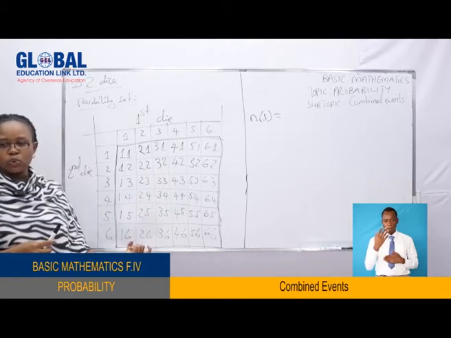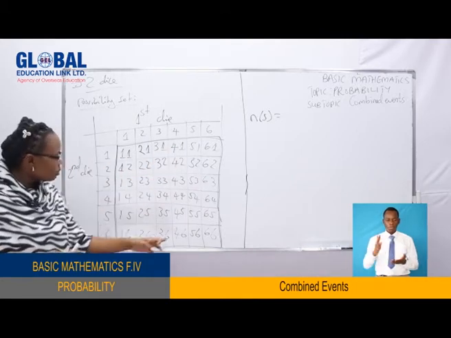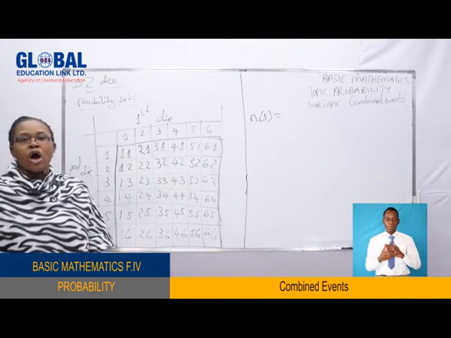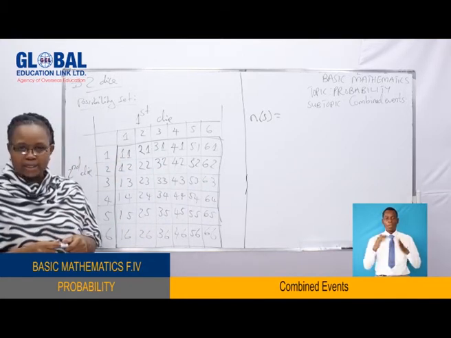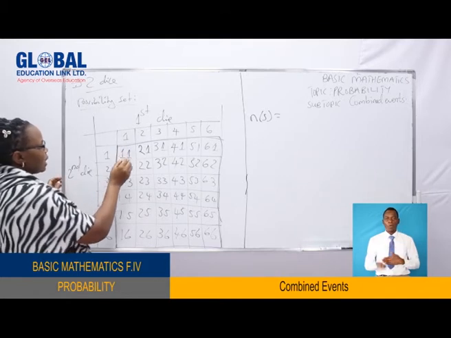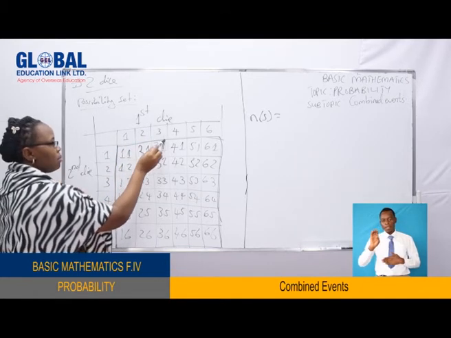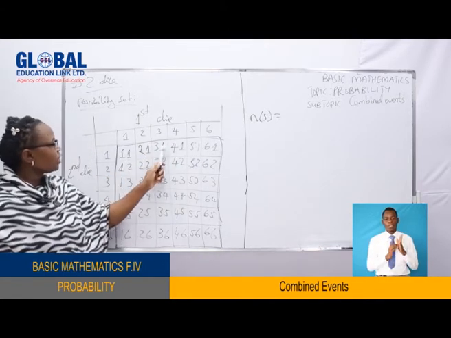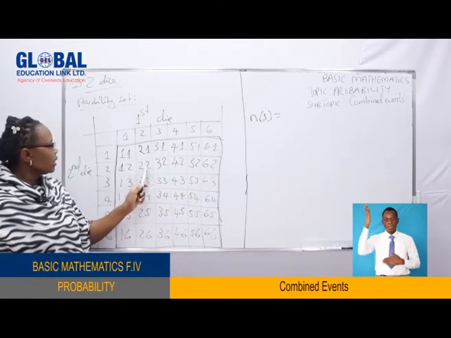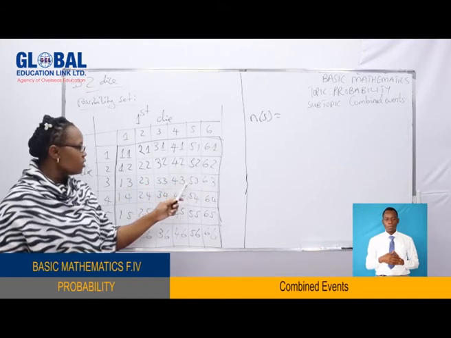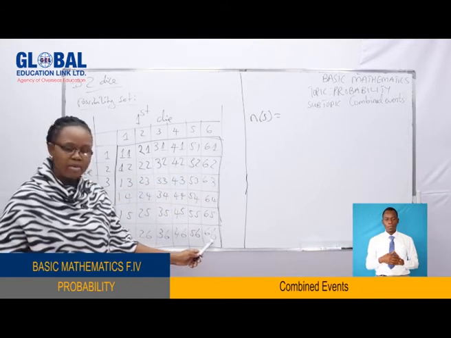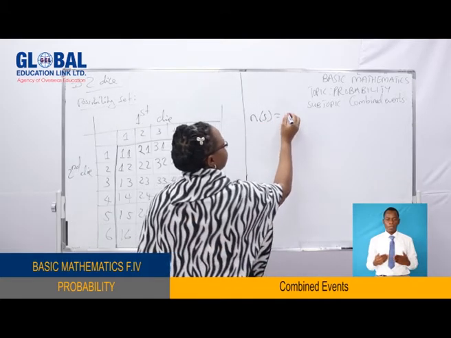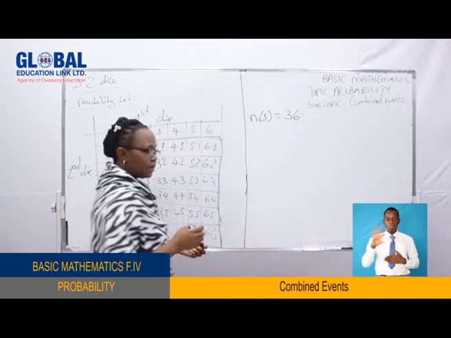What you are supposed to do is count the outcomes after tossing those 2 dice. This is the first outcome, this is the second outcome, the third outcome. Then you count them all: 1, 2, 3, 4, 5, 6, 7, 8, 9, 10, 11, 12, up to the last one, which will be 36. Then we say the number of possibility set equals 36.